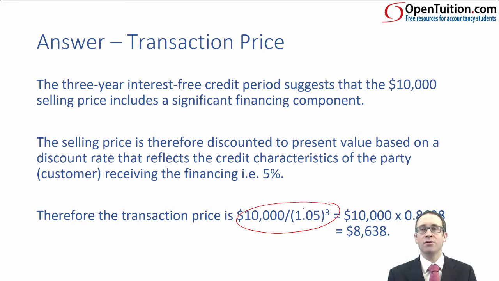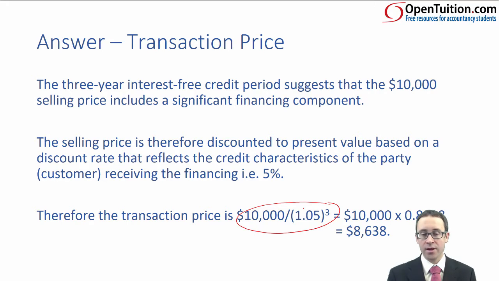That's the amount of revenue that we would recognise for the sale of the goods. We'll touch upon the interest later or elsewhere. It's essentially just unwinding the discount, isn't it? So you apply that 5% to the 8,638 receivable that you have recognised, and you'd apply 5% each year and charge that as interest income.